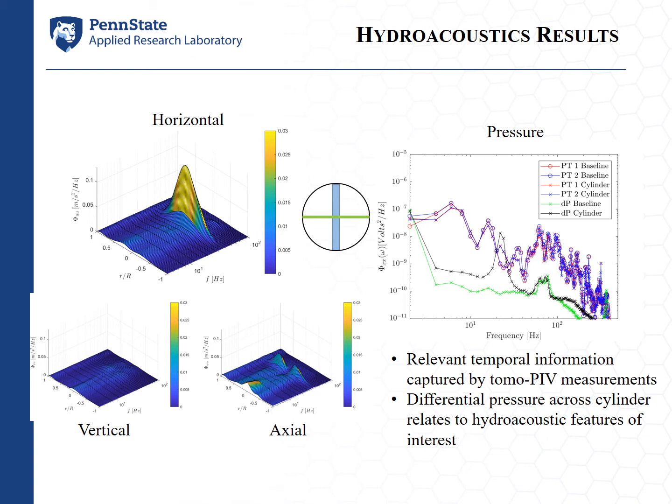And that happens to occur at about a frequency of 22 Hertz, which matches what we see in our velocity field information. So we verified that we're capturing relevant temporal information by our TOMO PIV measurements, and we're going to use this dP cylinder signal as an indicator of our hydroacoustic features of interest.